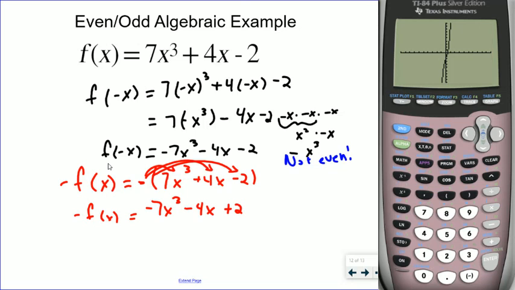So in order for this to be an odd function, negative f of x has to be identical to f of negative x. If we take a look at the first term, we have the same negative 7x cubed. We have the same negative 4x, but we end up with a different last term. Because this last term is different, this thing is not odd either.